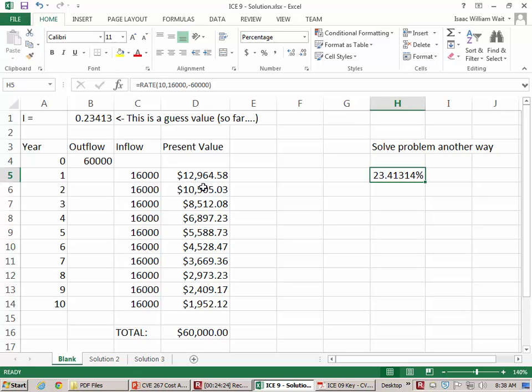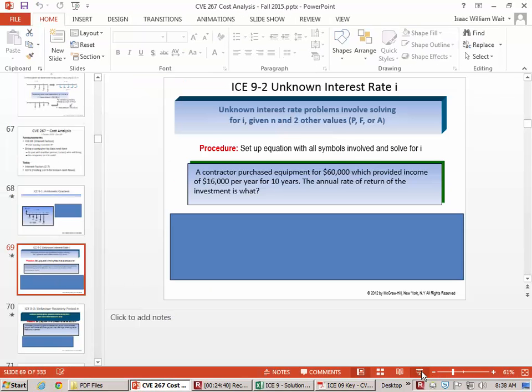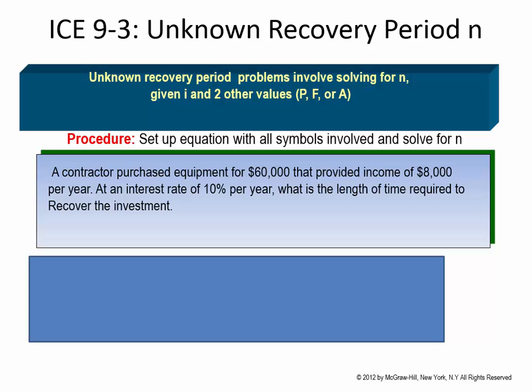All right, we've got a little bit of time to try this last one. You're going to solve the last one using the factor table, and then I'm going to demonstrate in Excel a similar approach. Okay, so problem 9.3, we spent 60,000. The income is $8,000 per year going on for an indefinite amount of time.